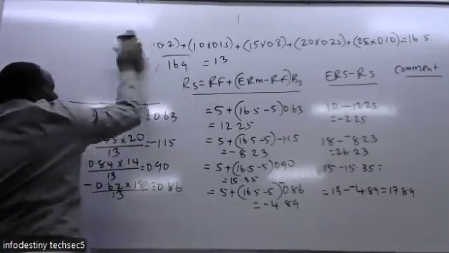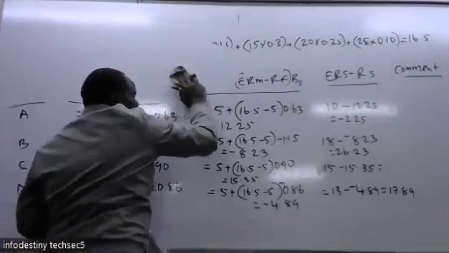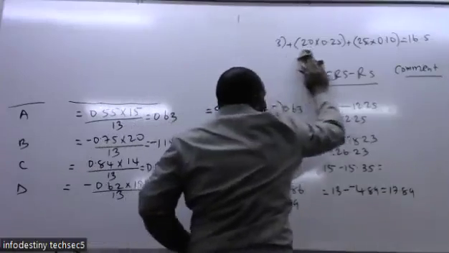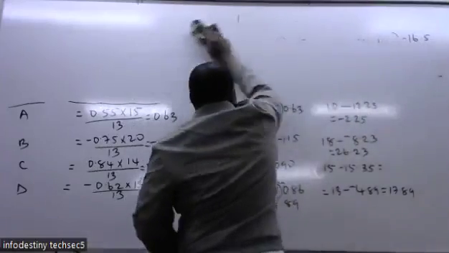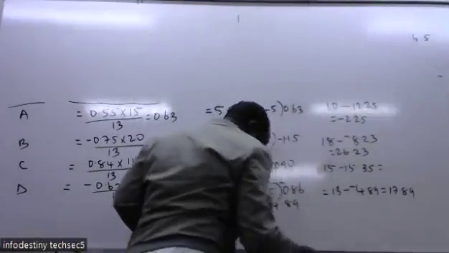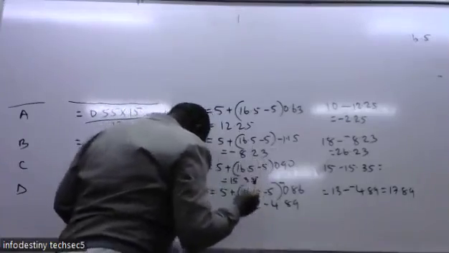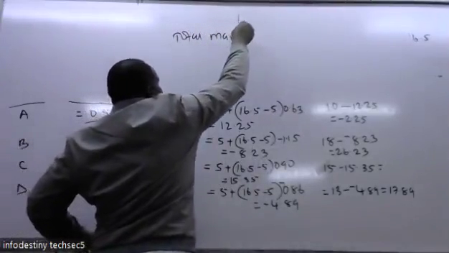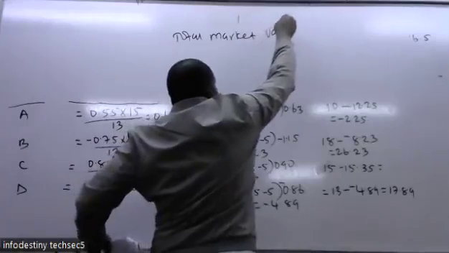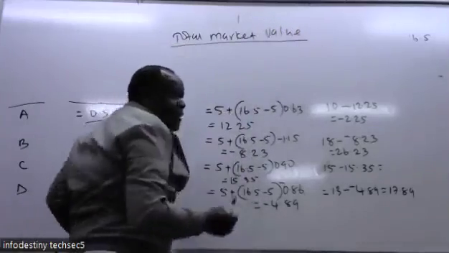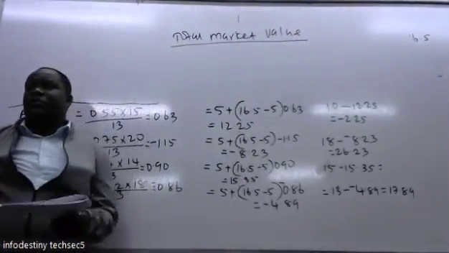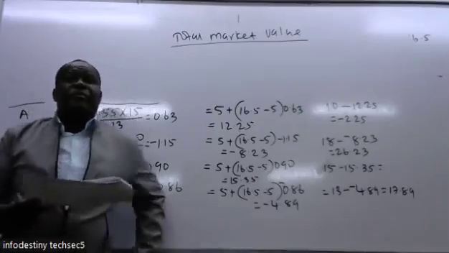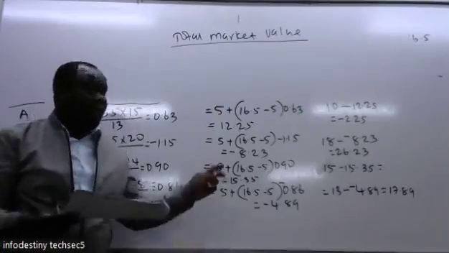To calculate our total market value, you take the number of shares multiplied by the market price per share. Then we add them together to give us the proportions so that we get the combined.